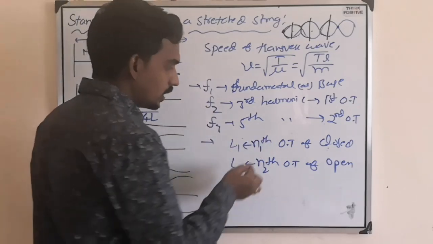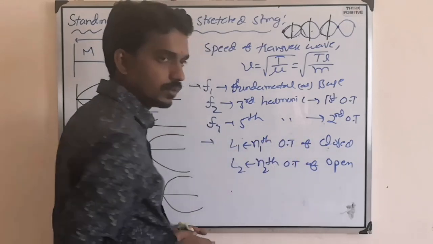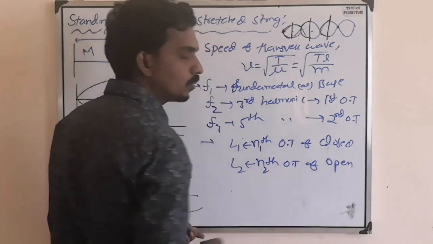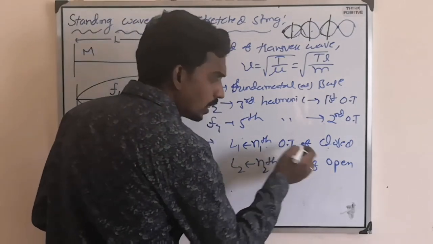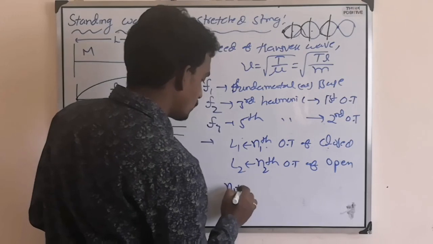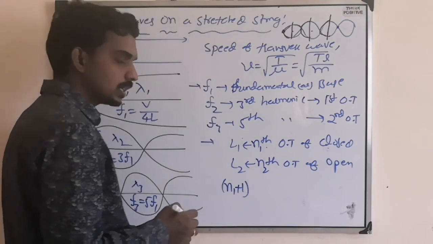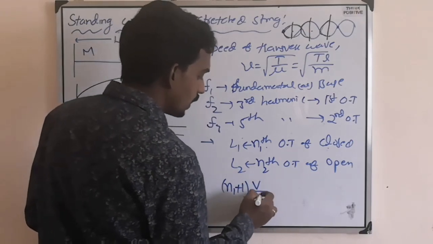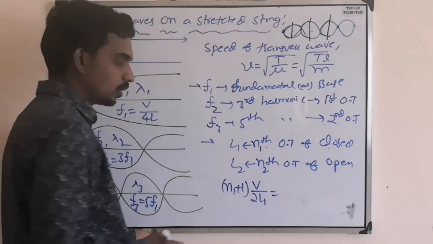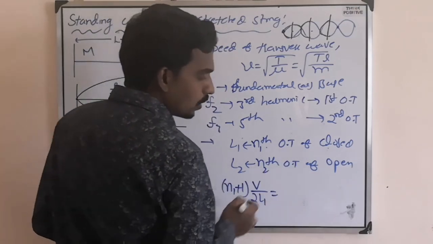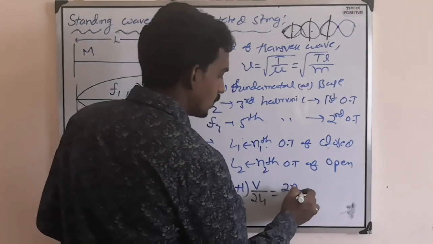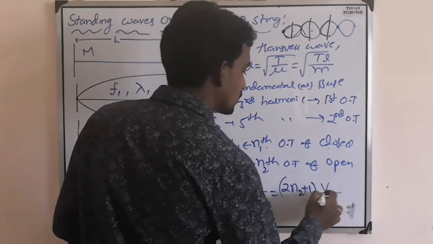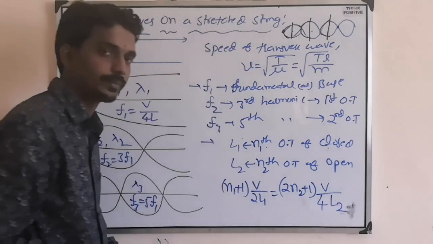Now they are telling that n1th overtone of closed one frequency is same as that of n2th overtone of open one. Now n1th overtone of closed means n1 plus 1 harmonic into F1. F1 means V by 2L1 equal to, and n2th overtone for open case means 2n plus 1 harmonic into fundamental frequency is V by 4L2.